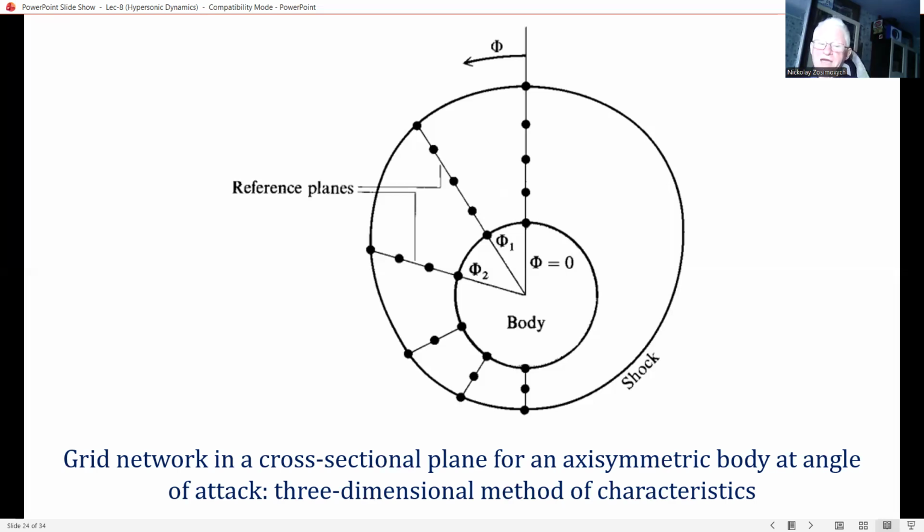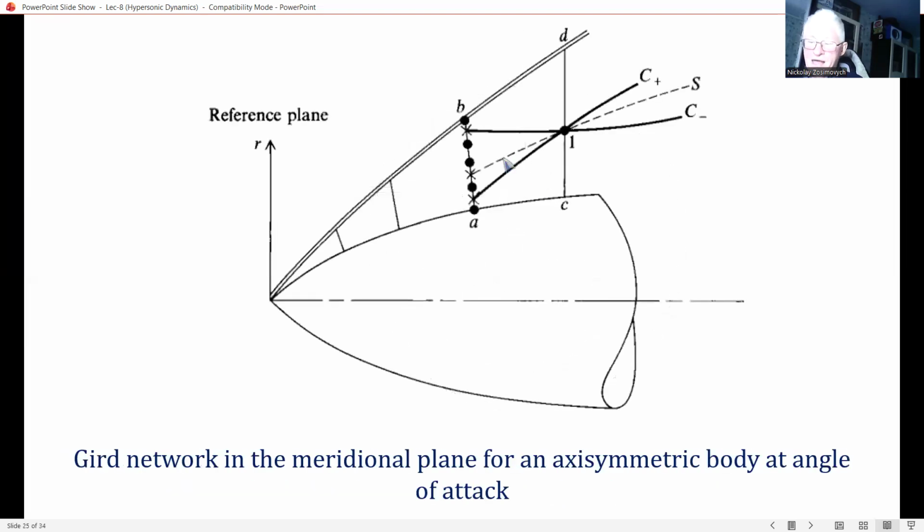Each reference plane is identified by its angular location phi1, phi2. One of these planes, say phi equal phi2, is projected in this figure.